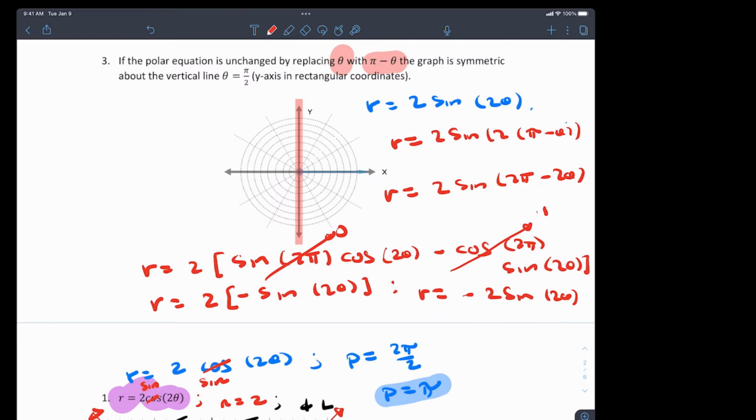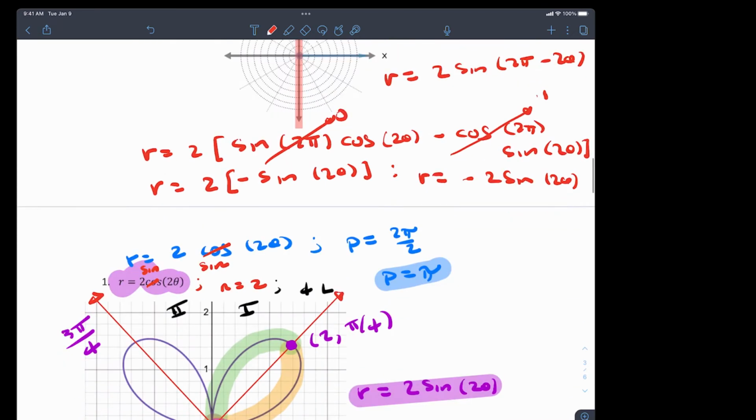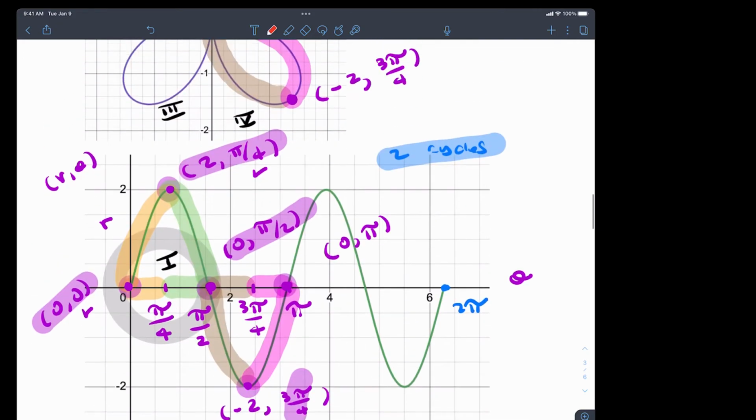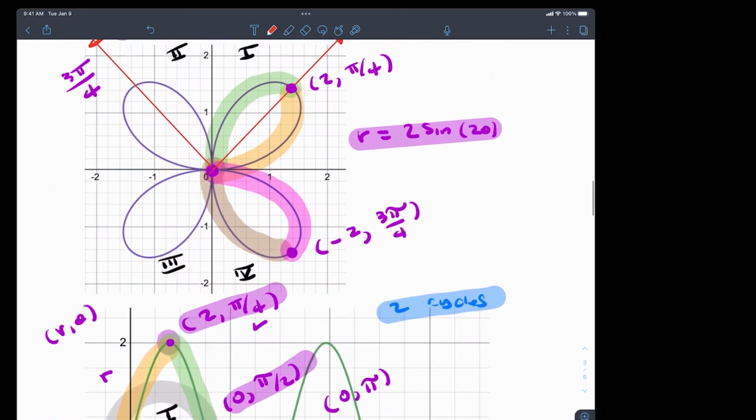Sine 2 pi cosine 2 theta minus cosine 2 pi sine 2 theta. Yeah, something's a bit odd. I'm not quite sure. It's supposed to be symmetric. Anyway, we're going to continue with this, okay?